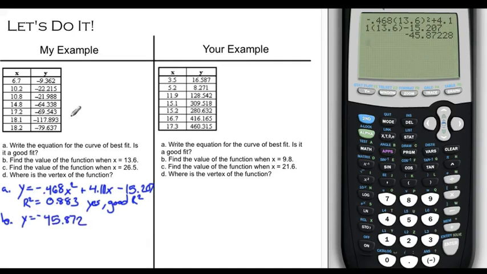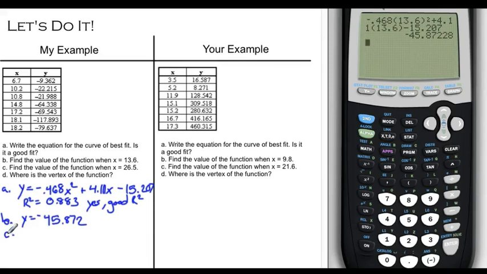And if I look at it, this kind of makes sense for a possible value for 13. We see as we get closer to 18 that those numbers get more and more negative. And so negative 45 feels like a plausible number there.